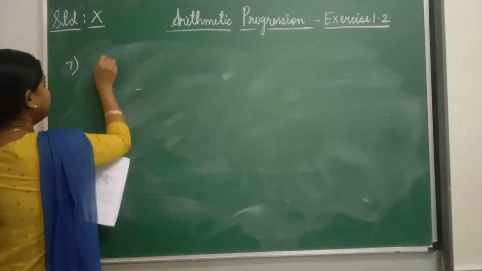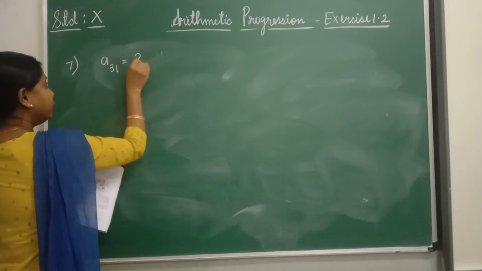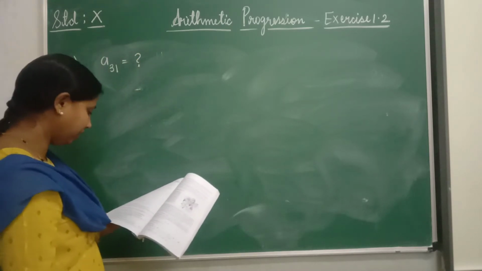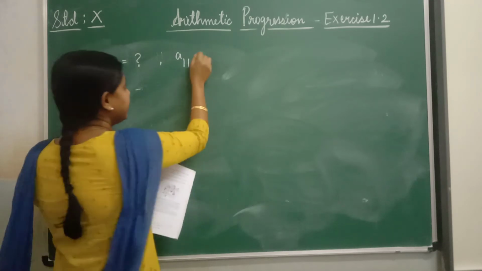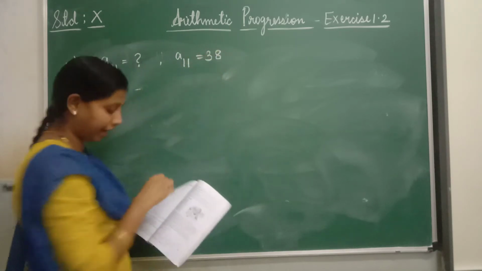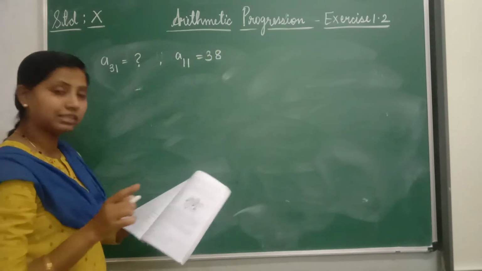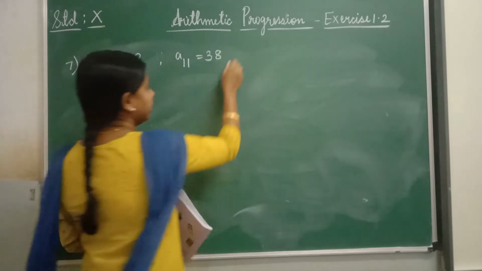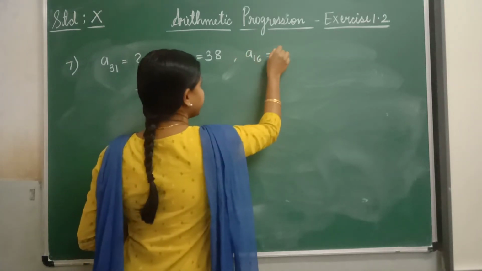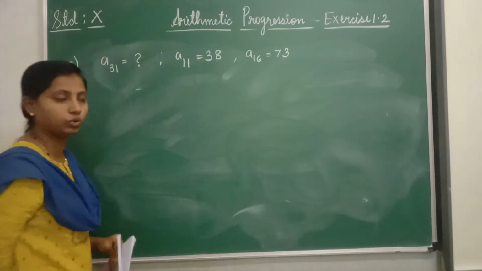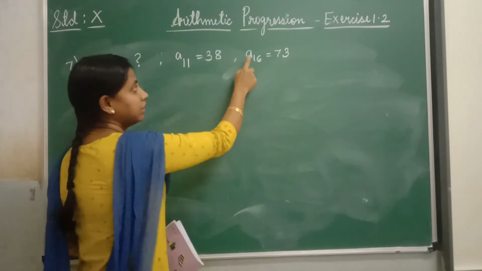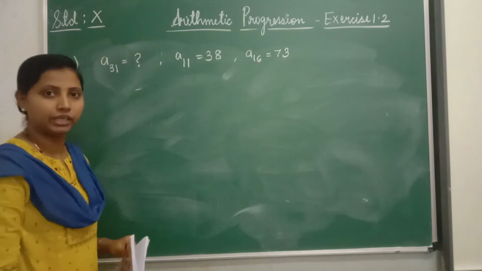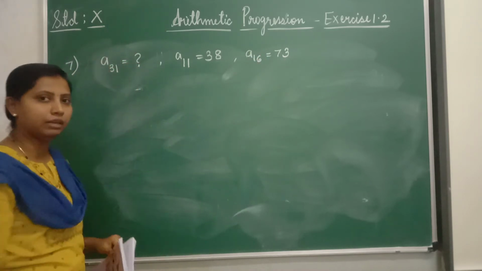Given: the 11th term, that is A11, is 38, and the 16th term, that is A16, is 73. You have to find the 31st term.